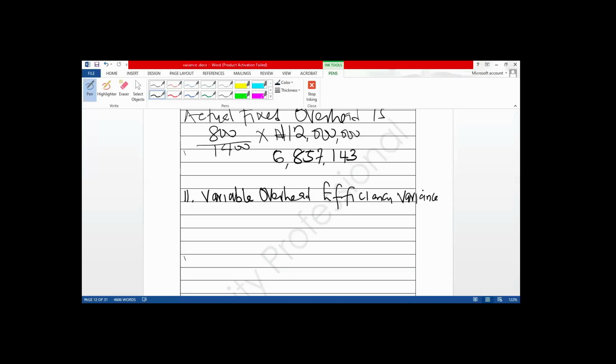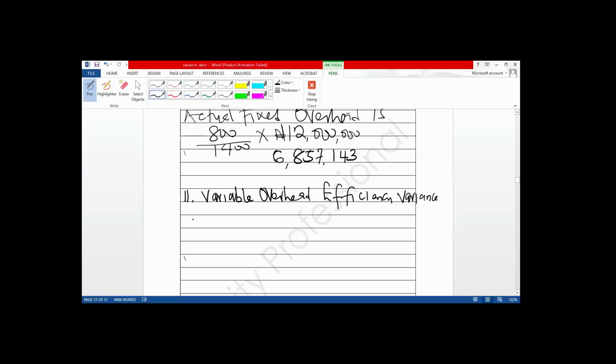The formula is standard labor hours for actual production minus actual labor hours, multiplied by the variable overhead absorption rate. You have this figure already.